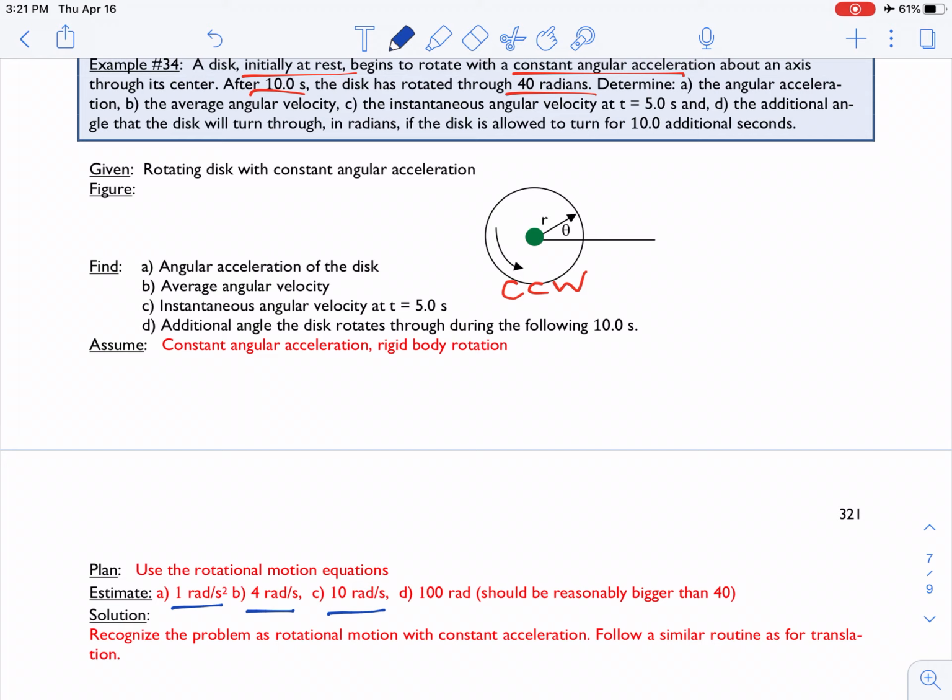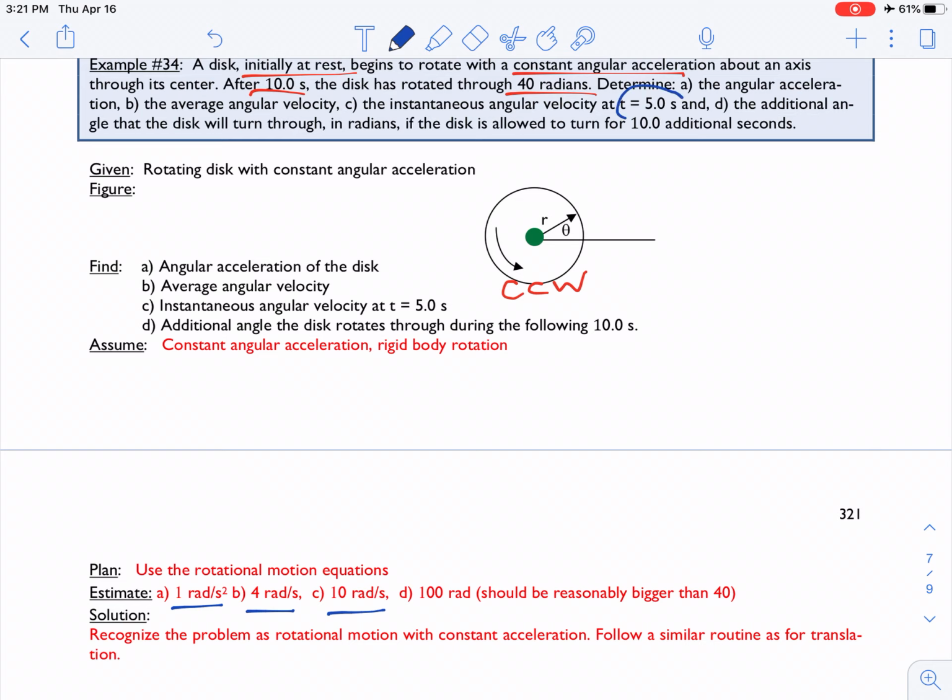But actually, it's going to be the same as 4 radians per second, because of that 5 seconds, half of the total time. Because of that, it's going to be the same as part B. So it's not really 10 radians per second, but it is 4 radians per second.